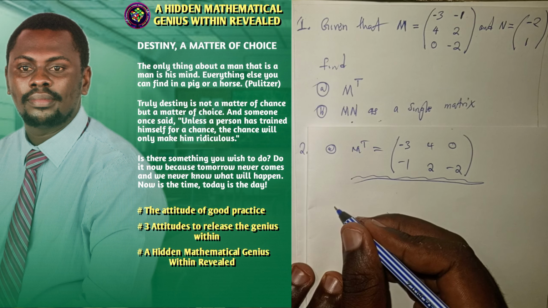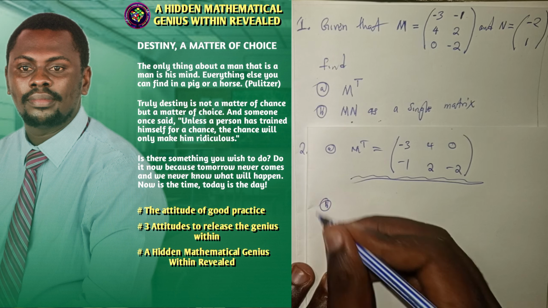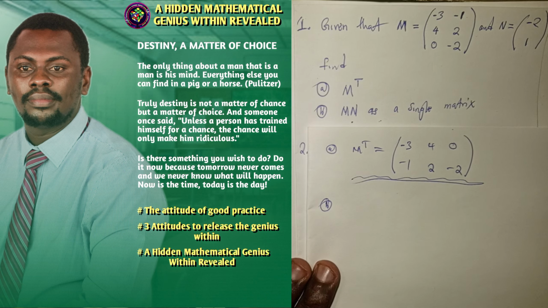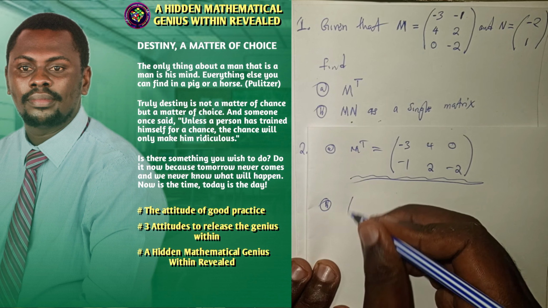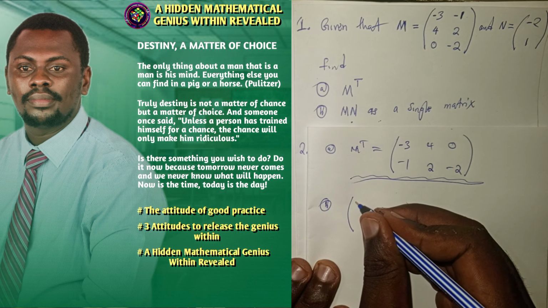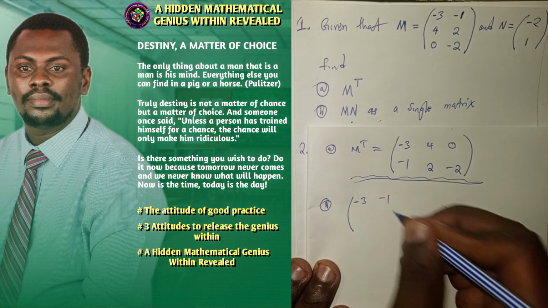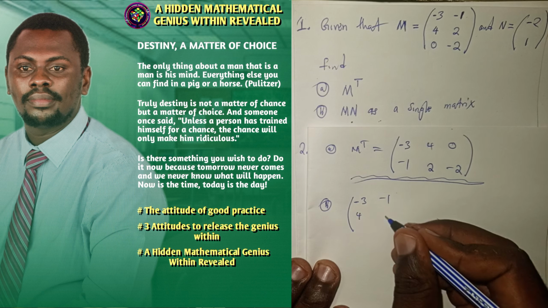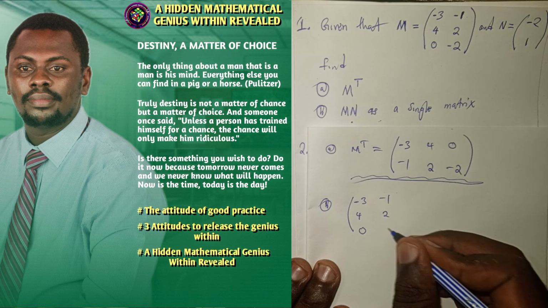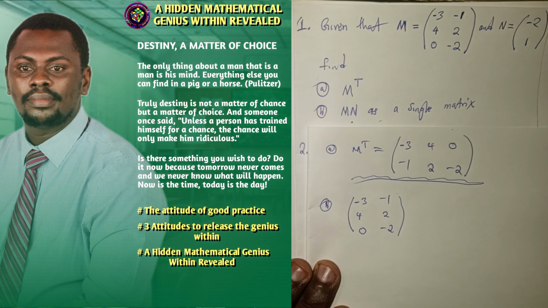Okay, we go to B. B, find MN as a single matrix, meaning you multiply matrix M by matrix N. So matrix M, we have -3, -1, 4, 2, 0, -2.